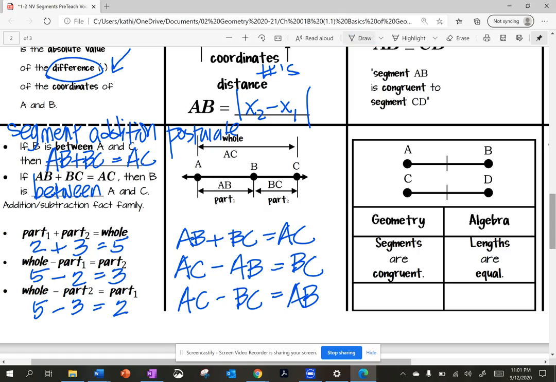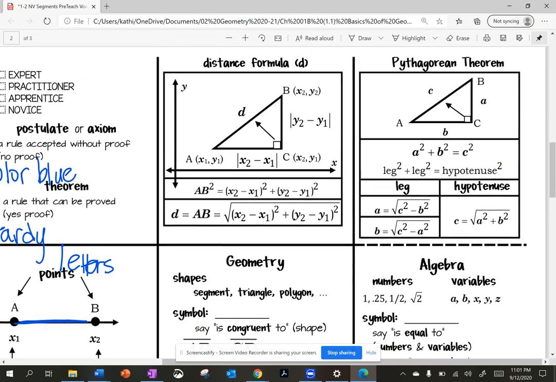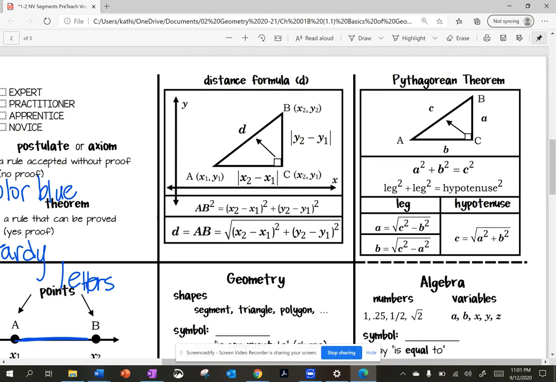Okay, my next topic to talk about is the distance formula and the Pythagorean theorem. The distance formula we usually use when it's on the coordinate plane. And the Pythagorean theorem is for right triangles.